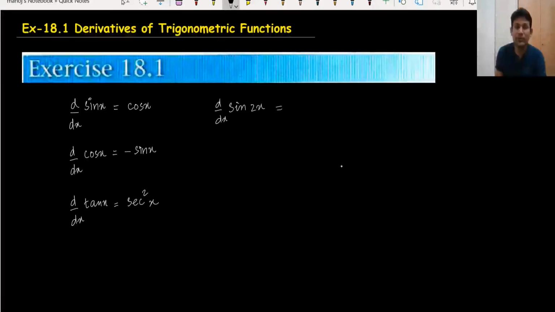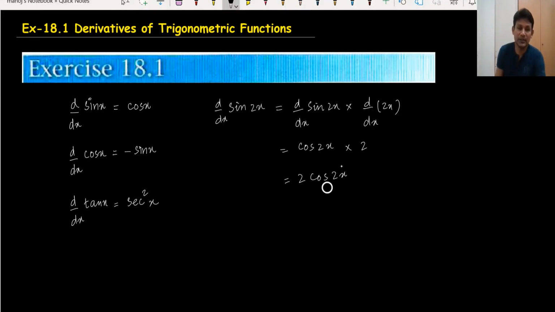First we differentiate the sine, and second we also differentiate the angle, the 2x. So what's the result? Sine 2x will become cos 2x. There will be no effect on the angle. And this 2x will become only 2, so 2 will become the coefficient of cos. This is the way.